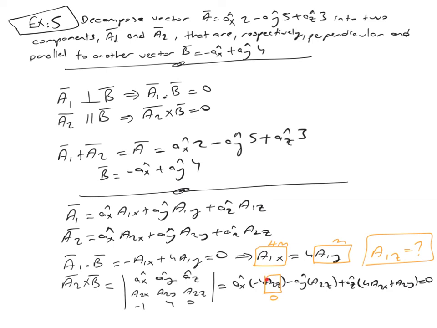And we know that the z component of vector A2 is equal to 0. Then the z component of A1 is not an unknown for us anymore, and it is equal to 3. And also this term is equal to 0.